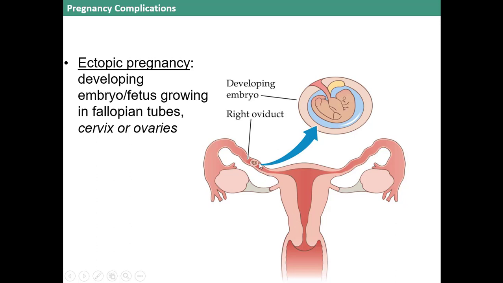So if a doctor identified that implantation had occurred within the fallopian tubes, they would absolutely have to remove this. If they did not, the embryo can grow and grow and eventually rupture the fallopian tubes, causing hemorrhaging and internal bleeding. So symptoms include abdominal pain and bleeding.